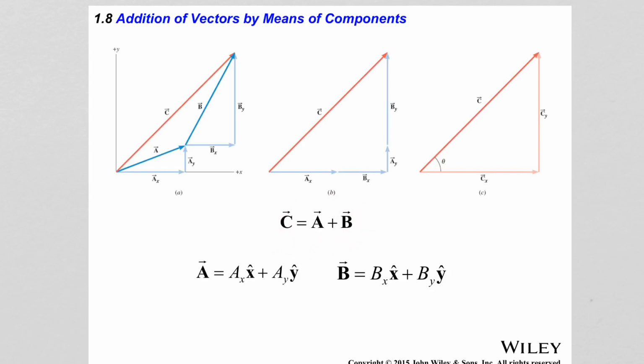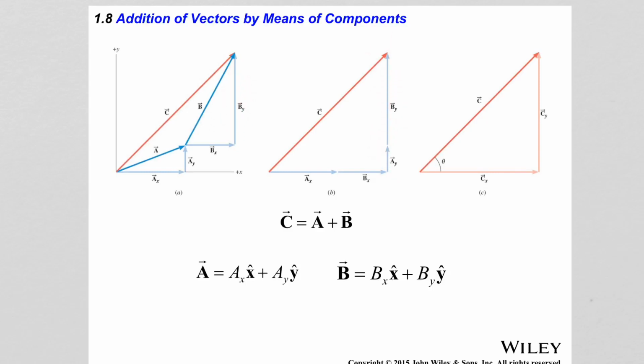But what about if I knew the vector components of A and B? So AX, AY, and also BX and BY. Well, if I knew that, then I can actually find what C is equal to. So what this picture here translates into is shown in figure B. The X component vectors of A and B are added together, and the Y component vectors of A and B are added together.